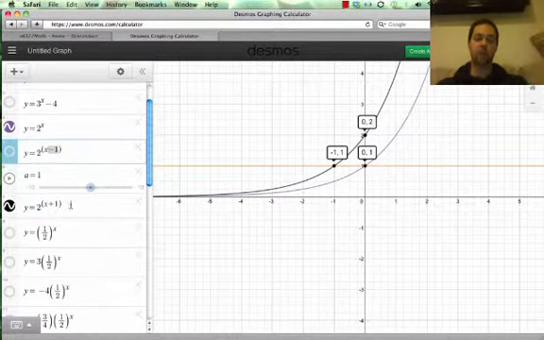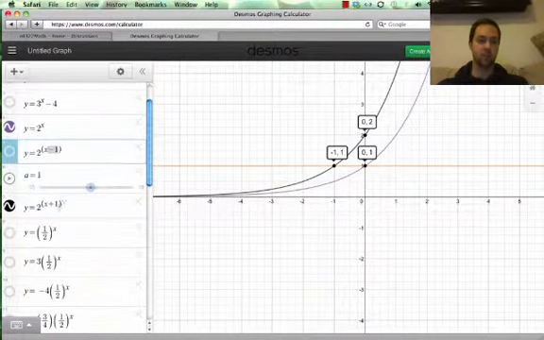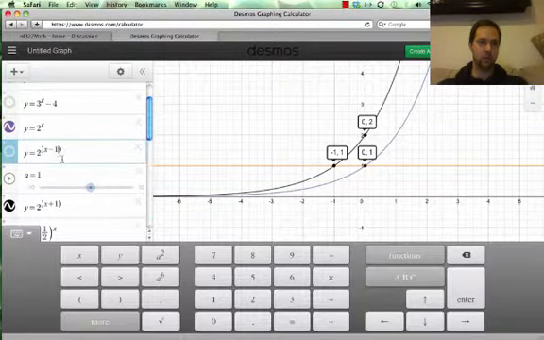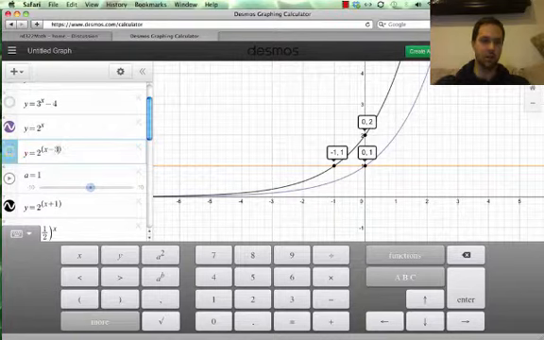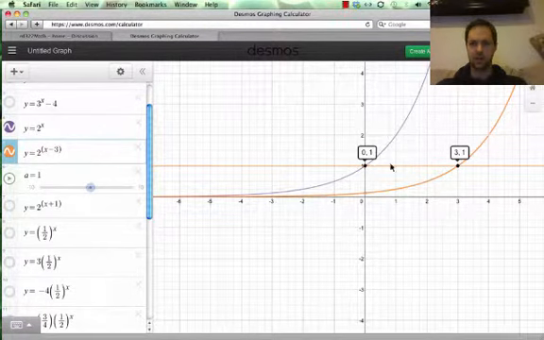This is very similar to the other h values we've looked at for other types of functions throughout this course, where h represents a horizontal shift. A positive h means a shift to the right, and a negative h means a shift to the left. If we change this to a 3, like I had in the handout, you'll notice this has been shifted to the right by 3 units.